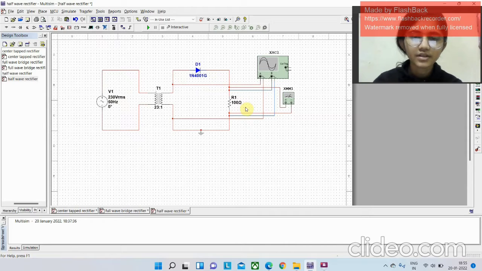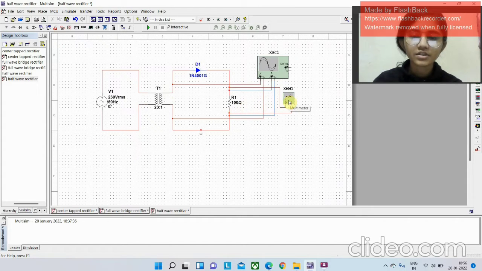I have also taken a resistor which is in series, and in order to get the waveforms, I have taken an oscilloscope and I have connected its first channel with the transformer's secondary part, and the second channel with the blue wire is connected across the resistance in order to get the output voltage.